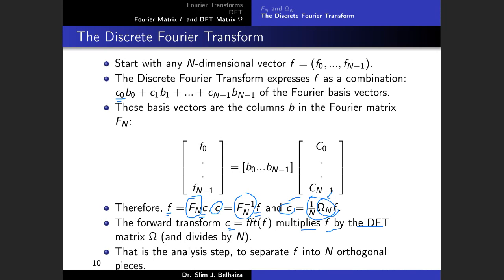So this is what we call the Fourier transform, and this is what we call the analysis step. What happened here when you multiplied is you separated f, which was a vector, into n orthogonal pieces. What are the orthogonal pieces? The components of the basis, of course. You got it? Because we did a lot of linear algebra before, you understand what we are talking about. This is what we call the analysis step.